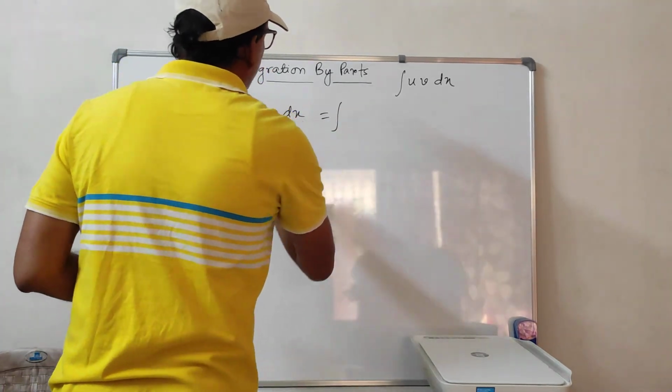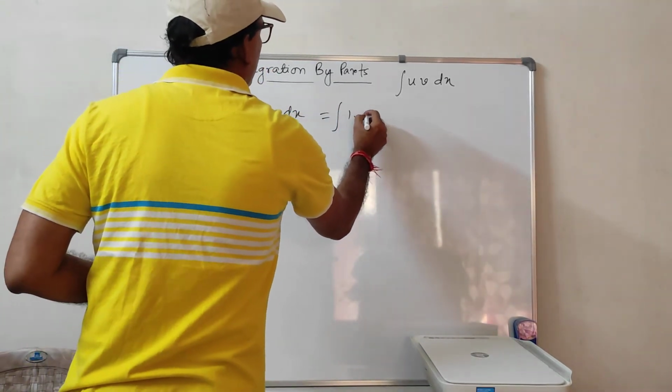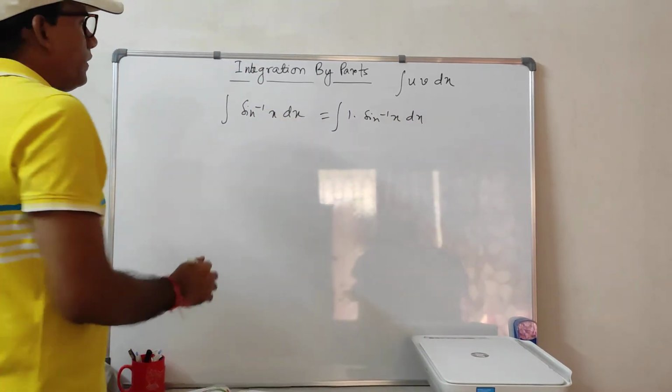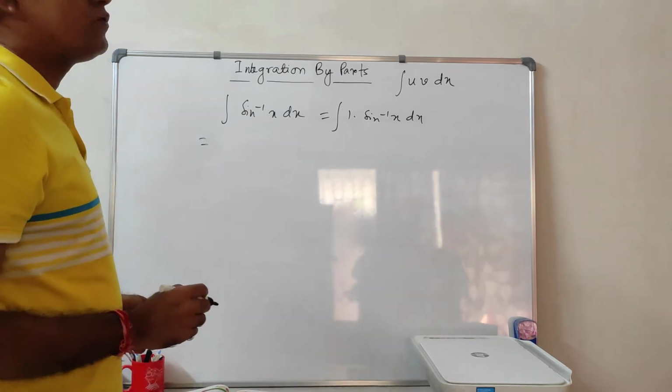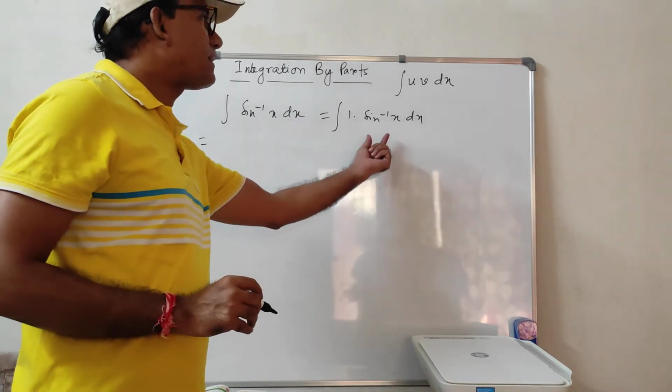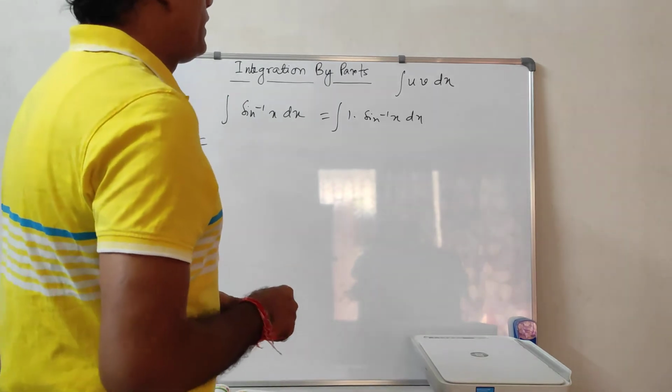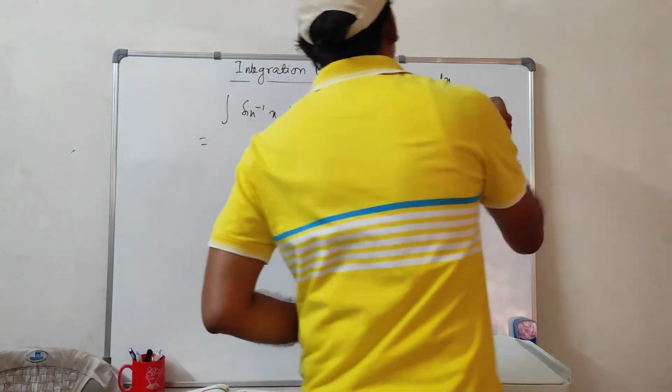See, you may consider 1 into sine inverse x. So you may consider 1. Now, which one you take as first function? It is very important. What was the rule?